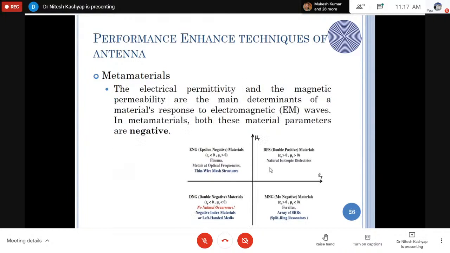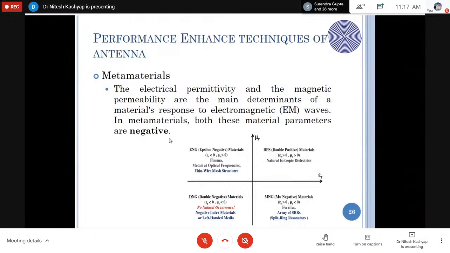Okay, so here is a graph where we can identify what a metamaterial actually is. The electrical permittivity and the magnetic permeability are the main determinants of a material's response to electromagnetic waves. In metamaterials, both these material parameters are negative.